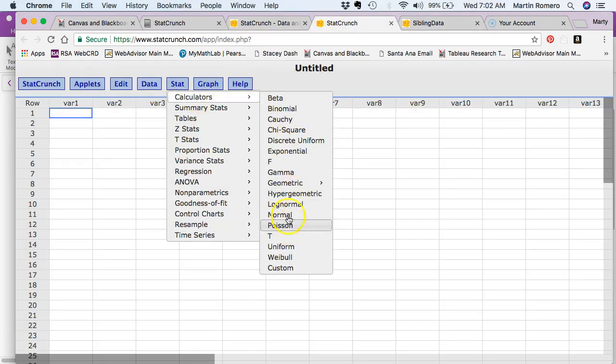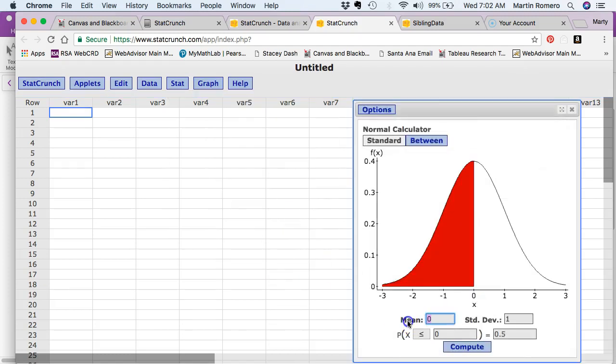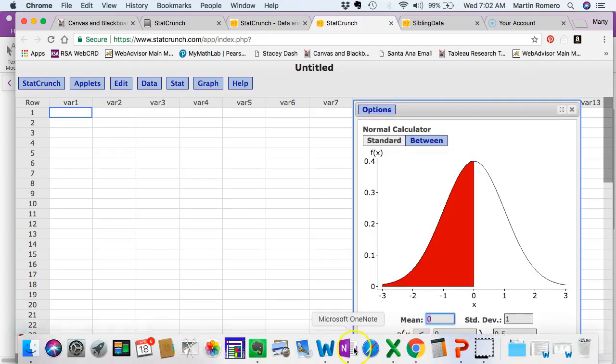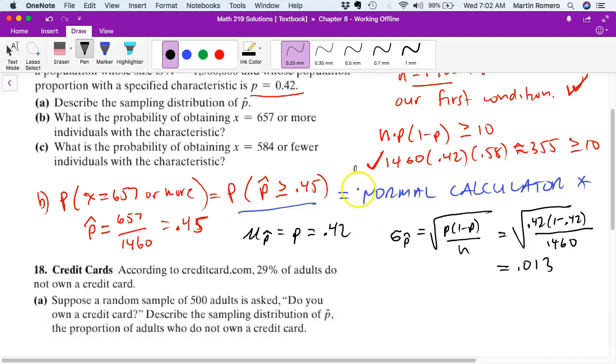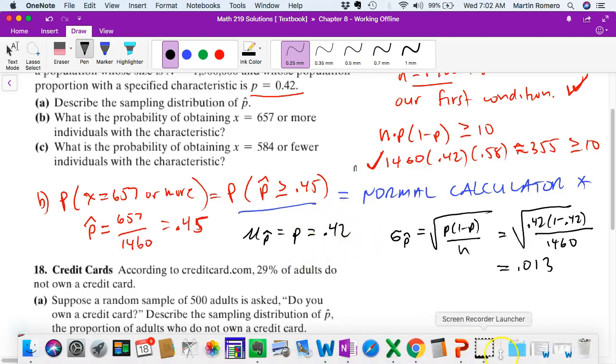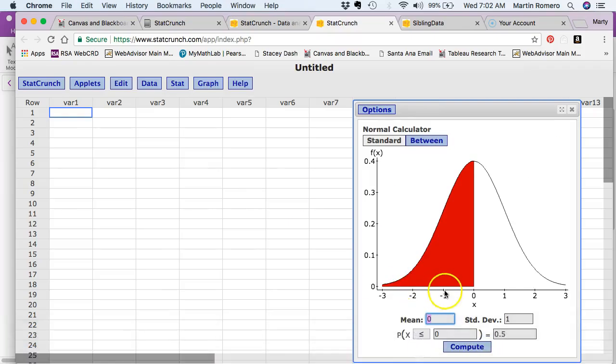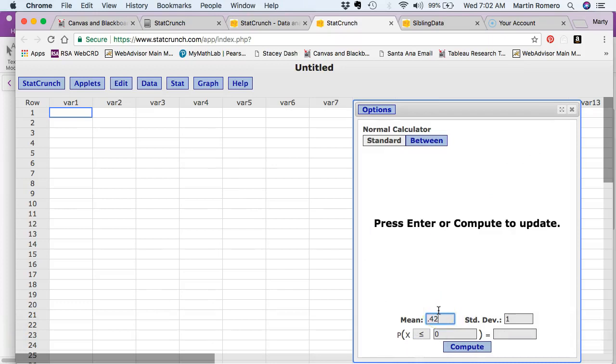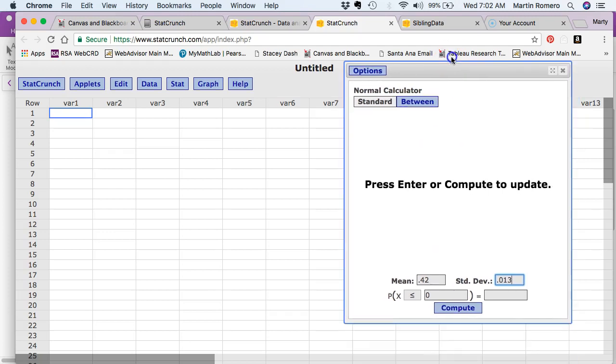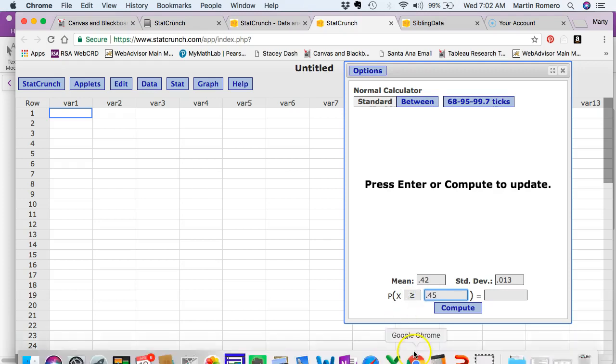Calculators, Normal, and in this case the mean is 0.42 and the standard deviation is 0.013. So I'm going to put 0.42 here, 0.013 here, and then we're looking for the probability that it is more than 0.45.